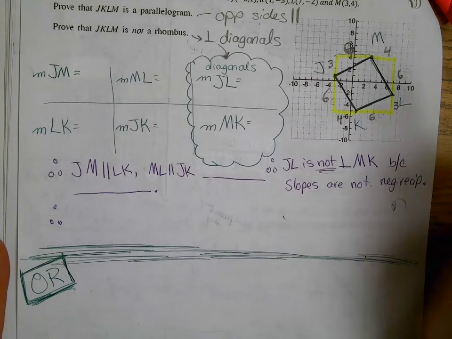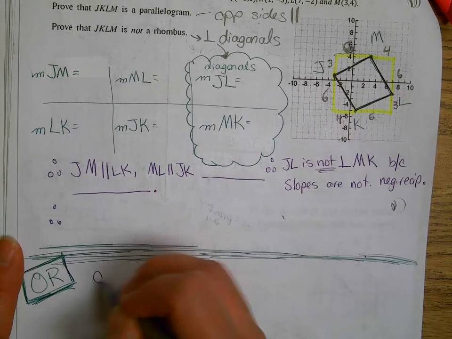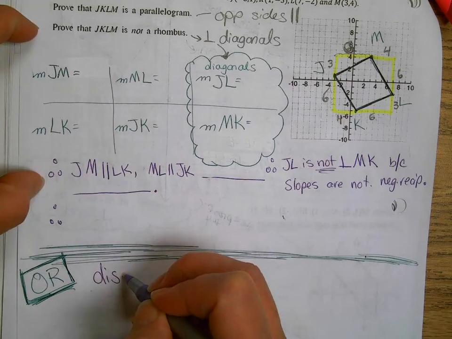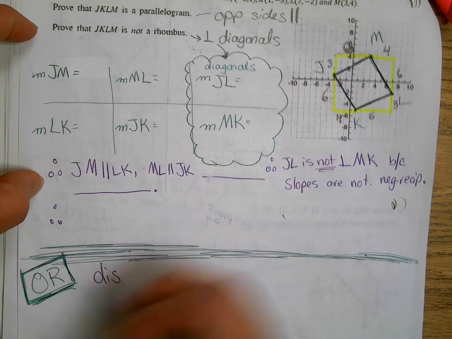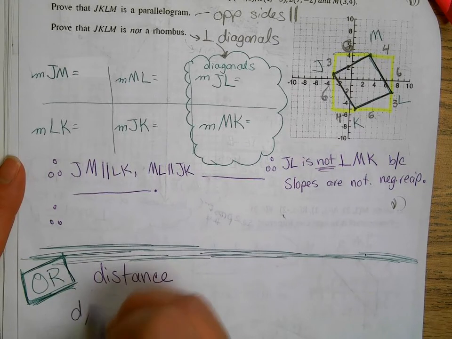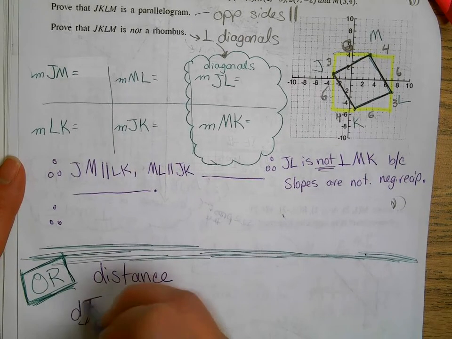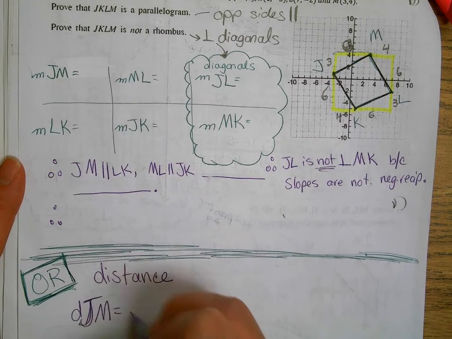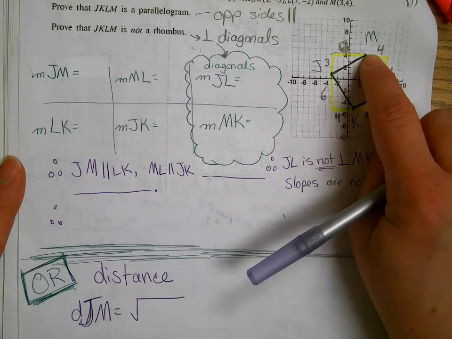Okay, so if I found the distance of all 4 sides, so if I didn't use slope and instead, this is a big or, I use the distance formula. The distance of JM equals the square root of 3 squared plus 6 squared.